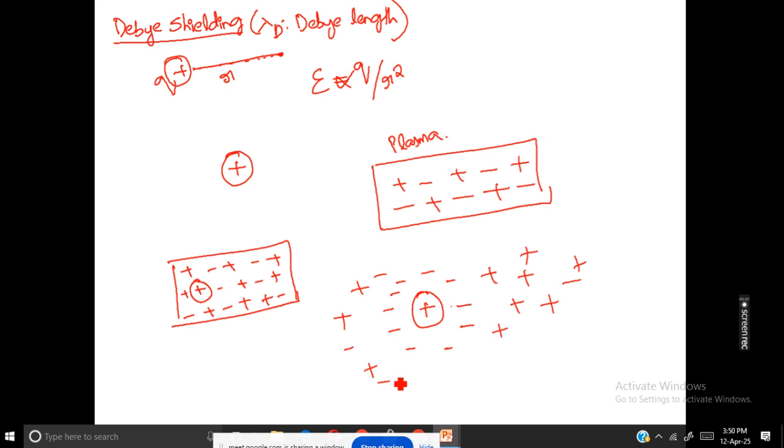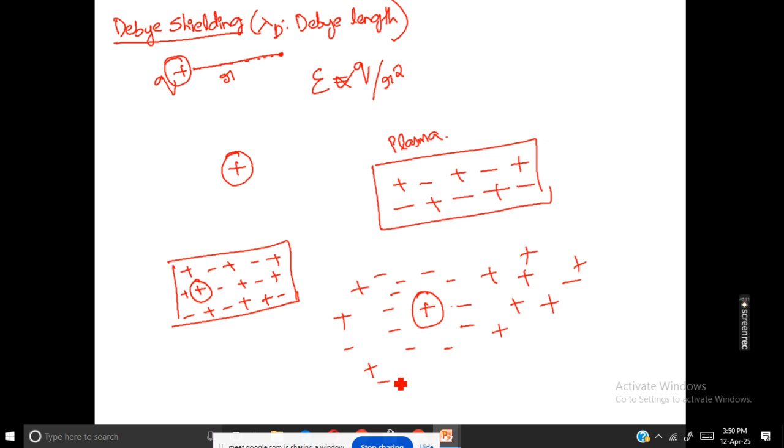So the electrons will form a shield kind of thing over the positive charge, so that after a particular point the effect of this positive charge won't be felt. This is basically known as the Debye shielding. The opposite charges will form, if it is a negative charge, a cloud of positive charges.